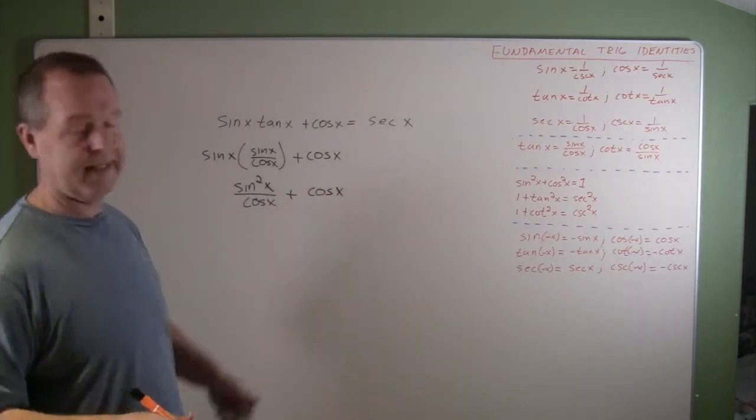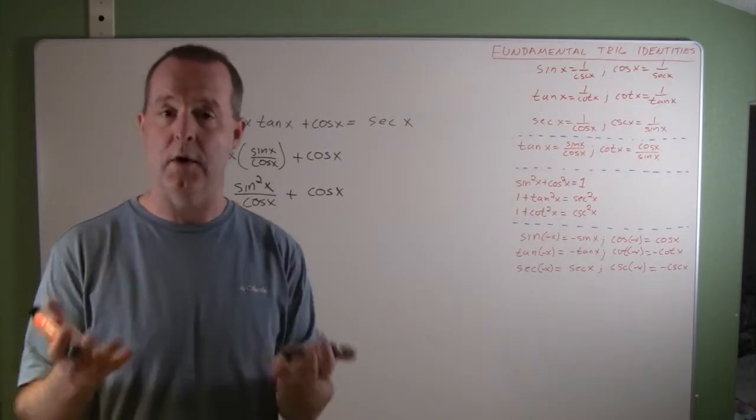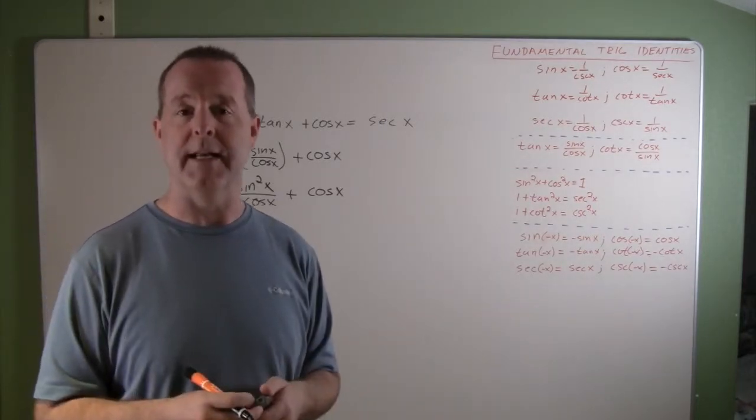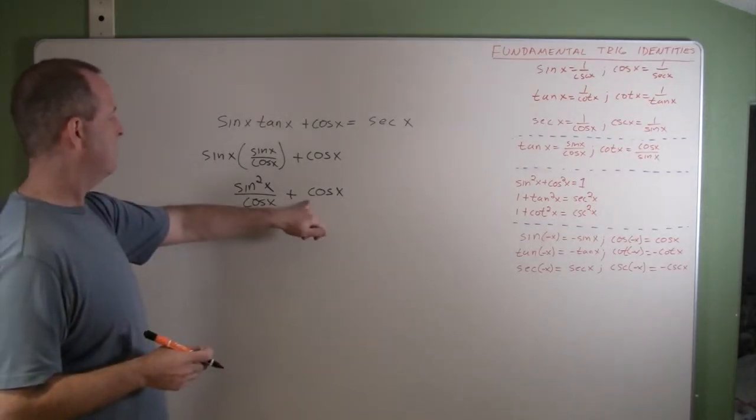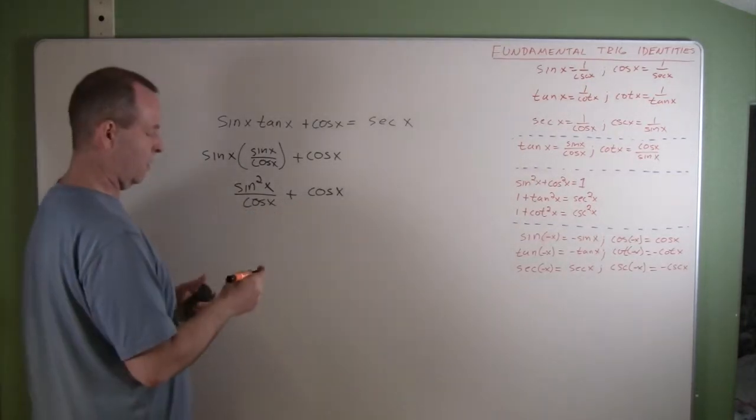I have a sum. You've noticed that earlier. So in order to add terms, I need to have common denominators, and they're not right now. So let's multiply this one by cosine x over cosine x.